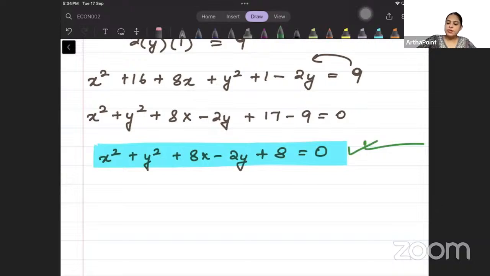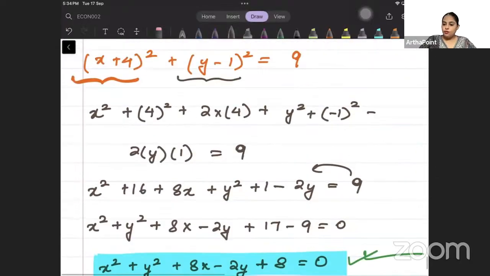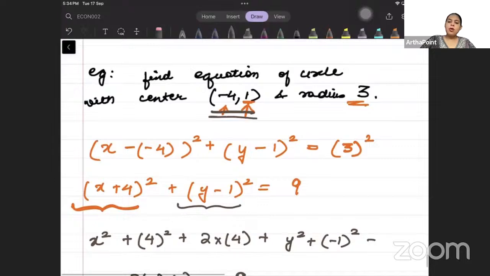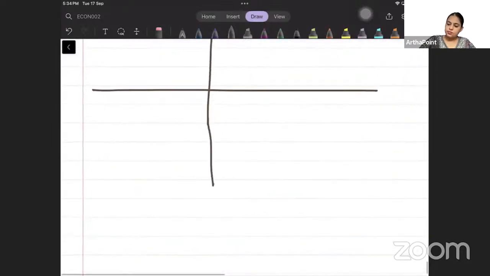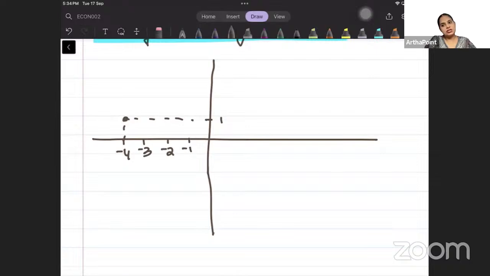How can we plot this? What is the center of your circle? The center of the circle is (-4, 1). So this is the center of the circle.